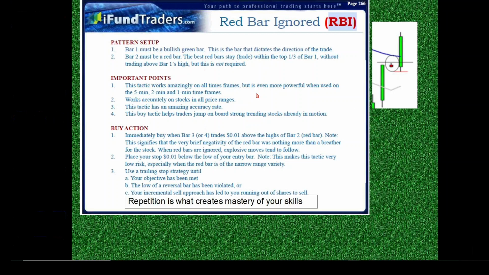It also works accurately on all price ranges, right? So it'll work on a $5 stock, $10 stock, $20 stock, $30 stock, the lower price range that probably most of us are in. But it could work on a $500 stock, $600, $700 stocks. It's amazing.